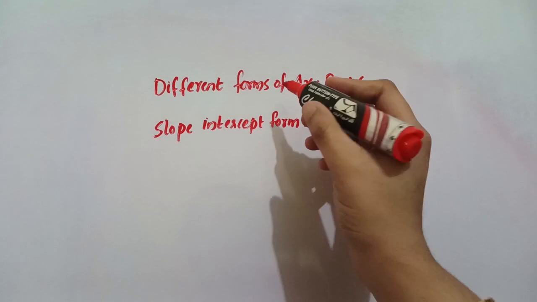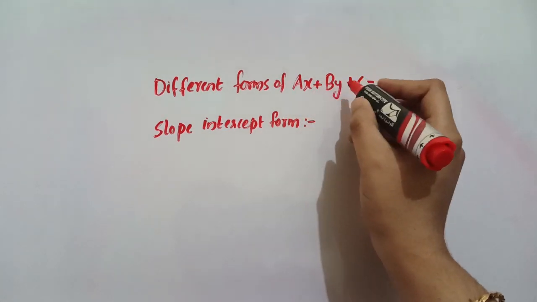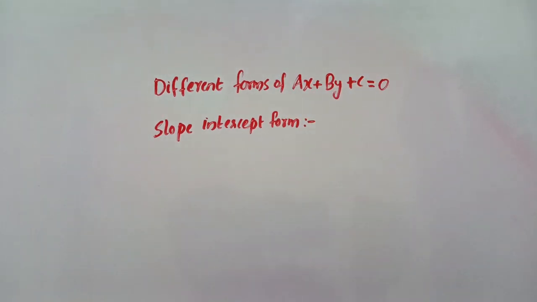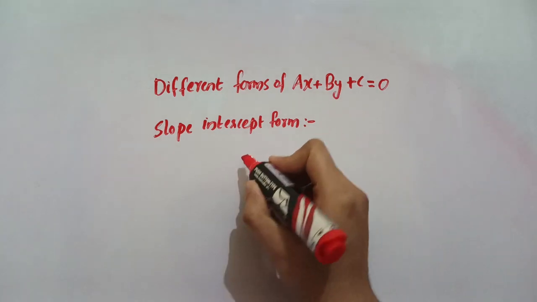Next, we can look at different forms of ax plus by plus c is equal to 0. First is slope intercept form.